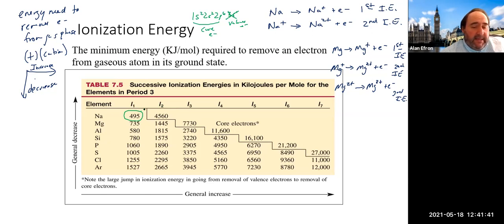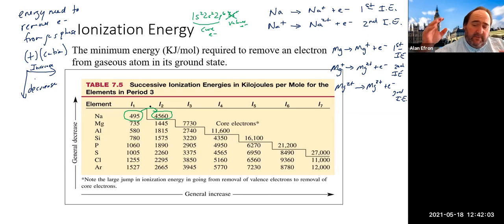And we see that in the energy required to remove that second electron. It goes from 495 for the first electron to about 4,500, 4,600, almost 10 times the amount of energy required to pull off that second electron from sodium, which is now a core electron.